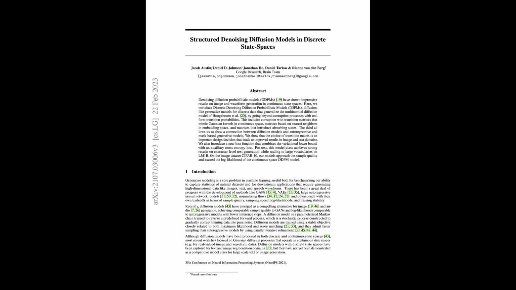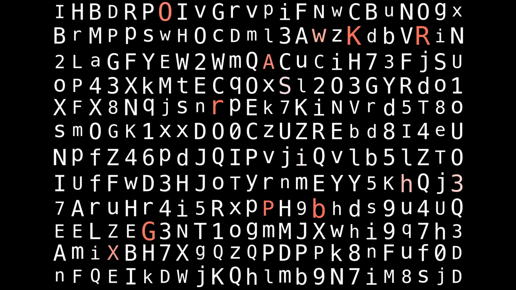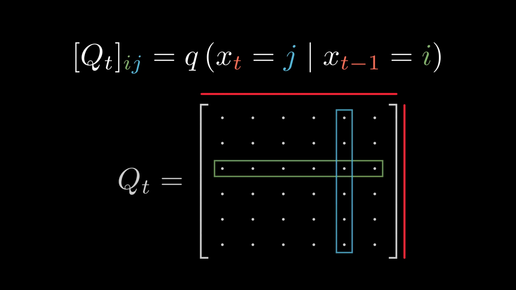One of the earliest solutions came from the D3PM paper, which tackled this by building character-level diffusion models. Since the character vocabulary is only a few hundred symbols, the full Q matrix could be stored and used directly.